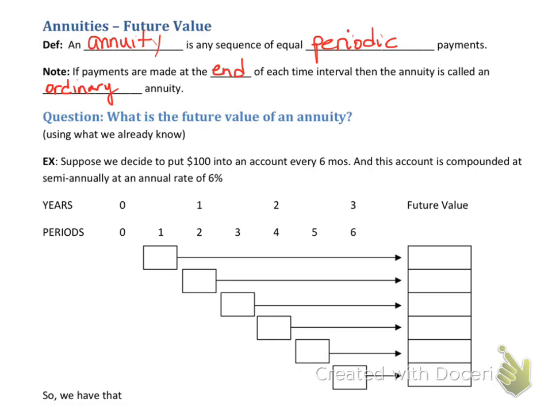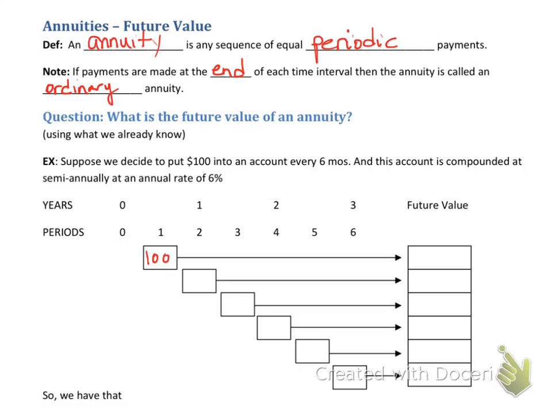Suppose we decide to put $100 into an account every 6 months, and this account is compounded semi-annually at an annual rate of 6%. All right, so what we're going to look at is what happens to each one of those $100 over the length of the investment.